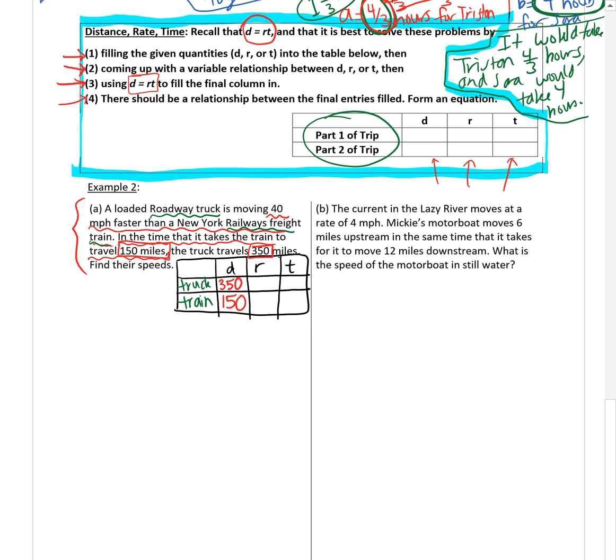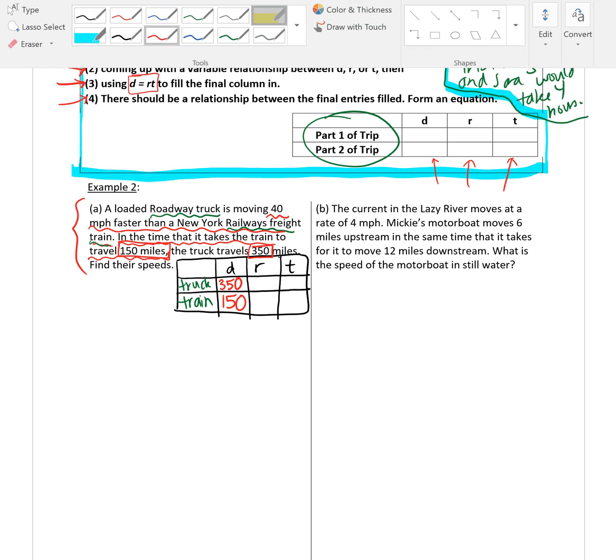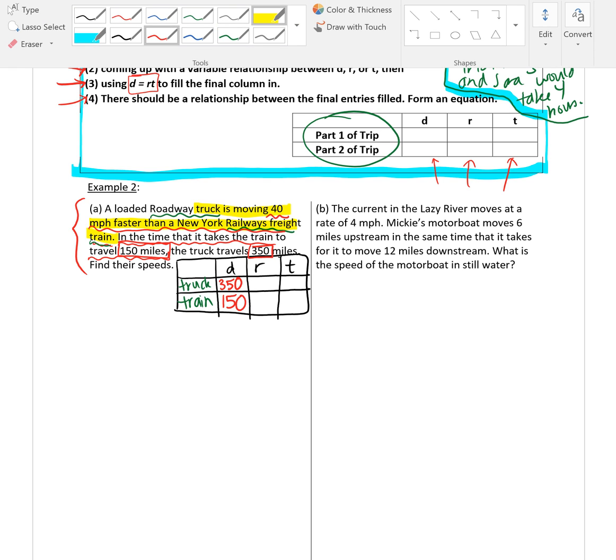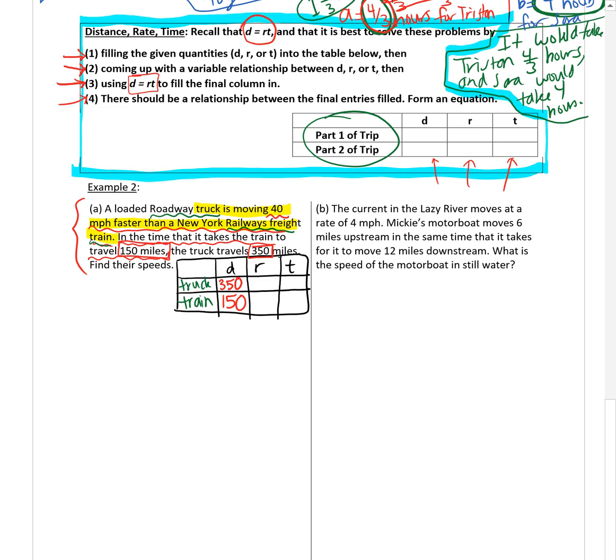And then step 2 says they should give you some kind of relationship for either variable that's left over, the R or the T. And I think the very first sentence gave that to us. They said the truck is moving 40 miles an hour faster than the train. So let's say that the train was moving X miles an hour. Let's say X is the speed or rate of the train.